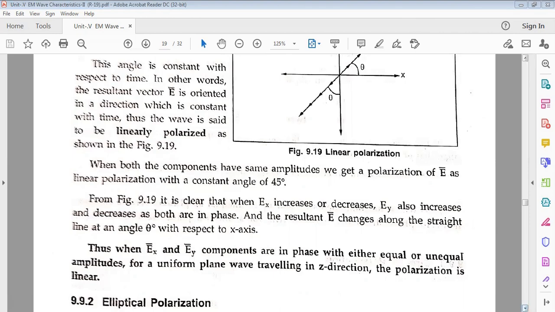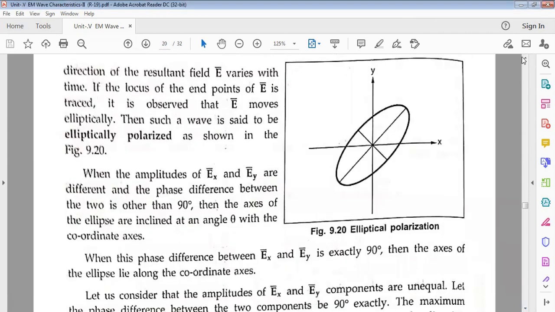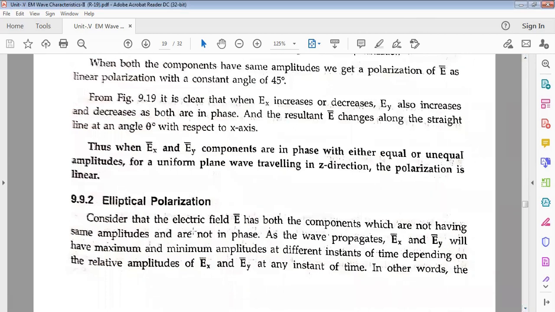Then you go for the second one, elliptical polarization. Consider that the electric field E bar has both the components which are not having the same amplitudes and are not in phase. This is very important. In the linear polarization, the amplitudes are equal or unequal, but they are in phase. For a uniform wave traveling in Z direction, the polarization is called linear polarization.